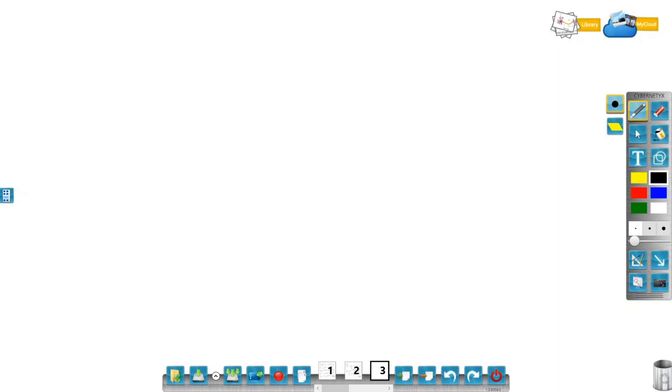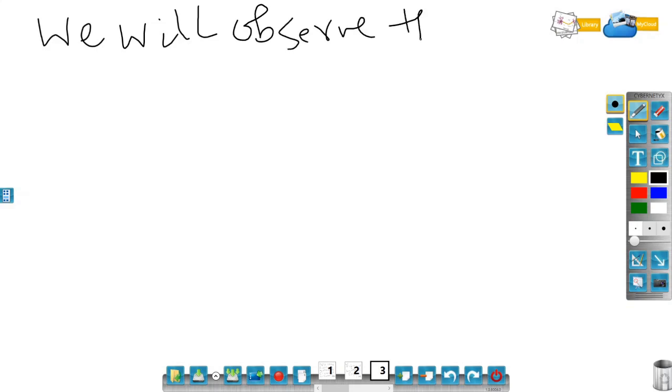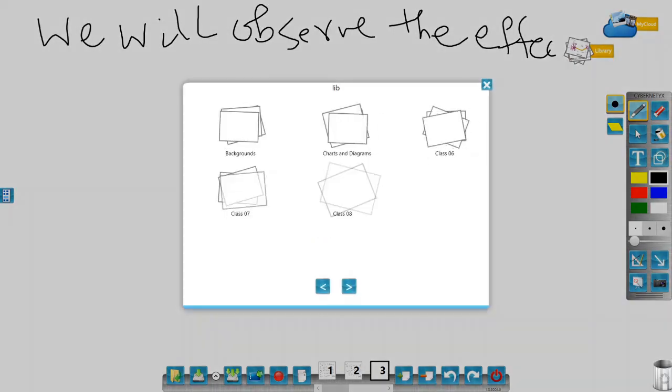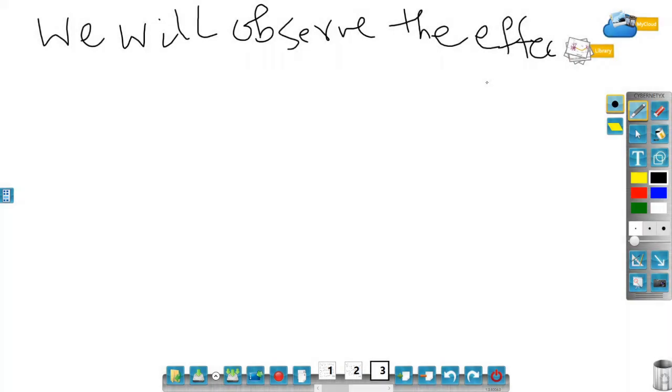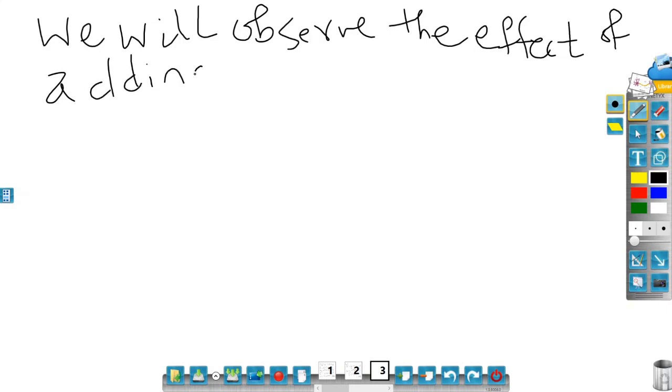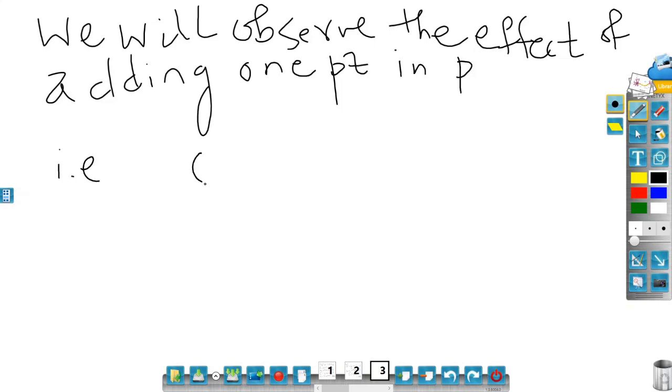So we will observe the effect of adding one point in P. So let Q1 be equal to P union the singleton y1.